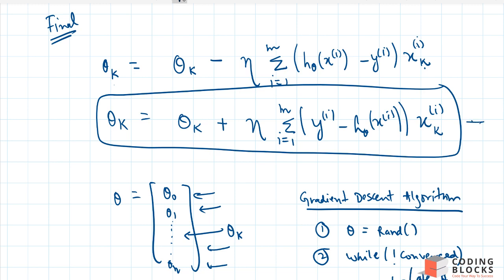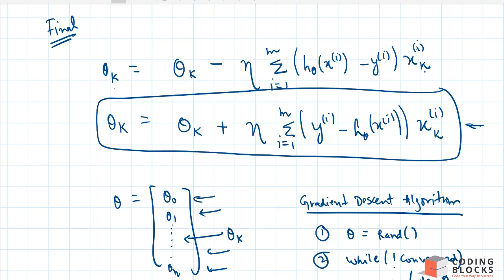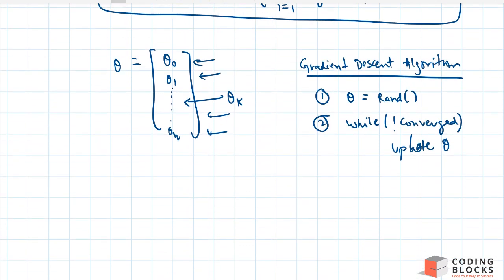So using this rule you will update theta while the algorithm has not converged.